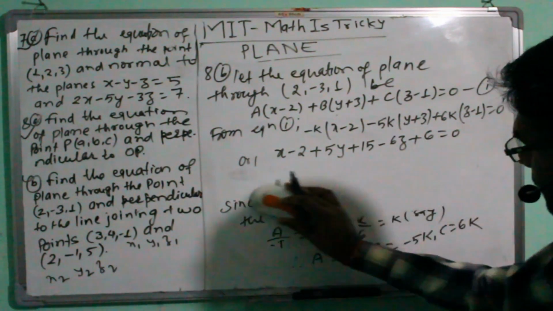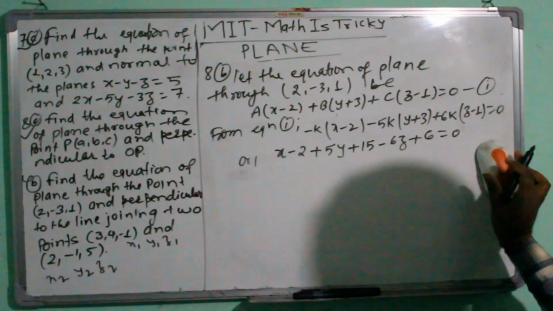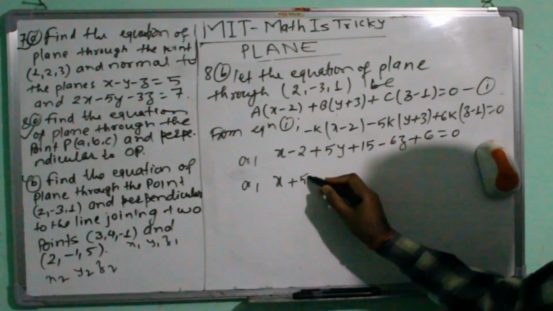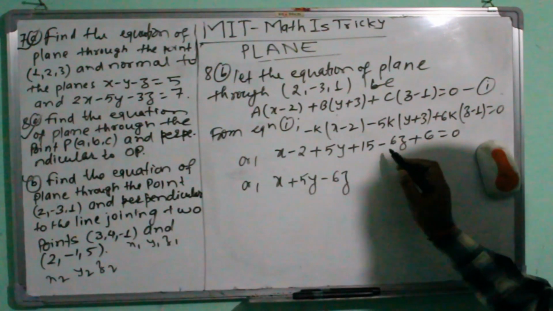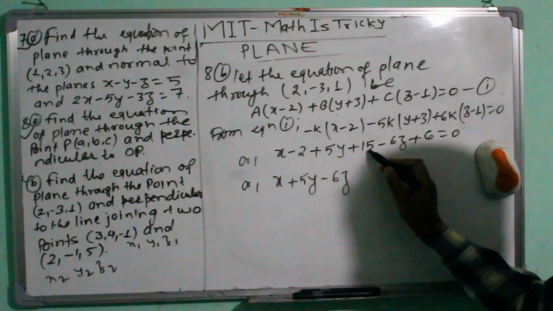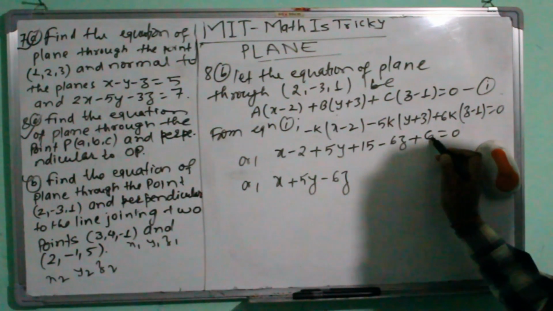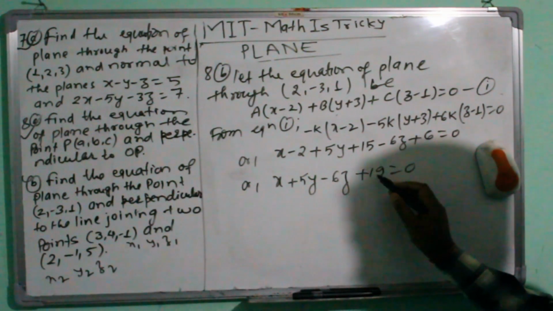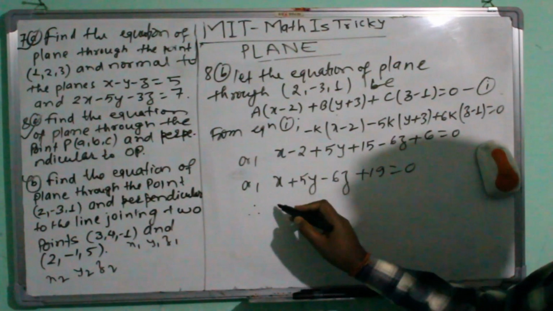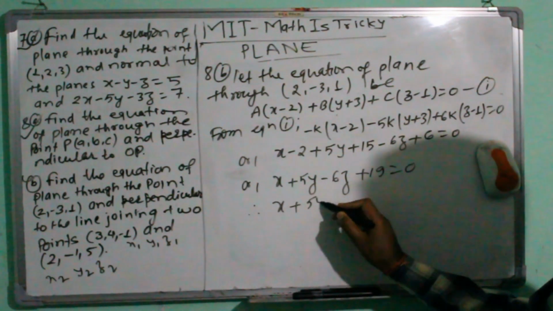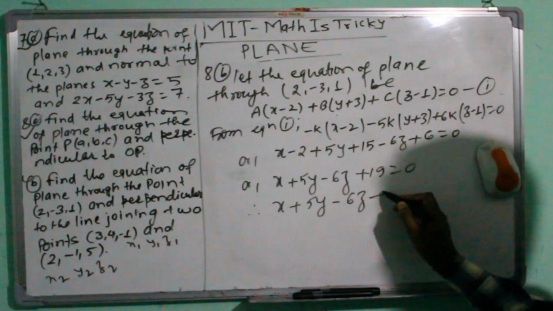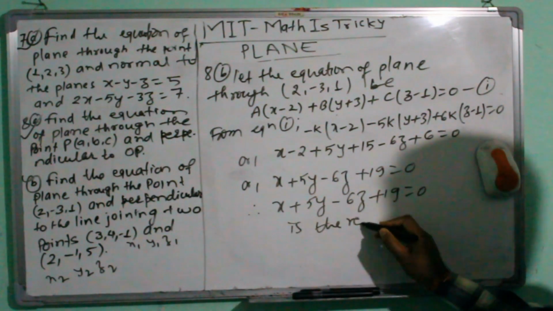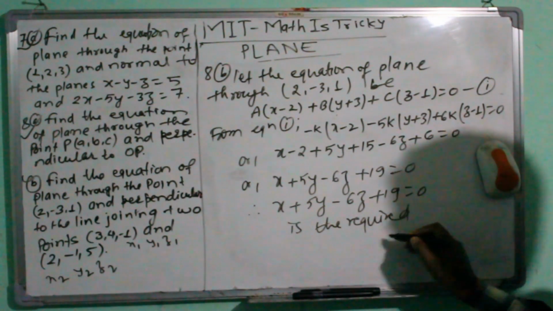That is x plus 5y minus 6z, 20, 15, and plus 4, 19 equals 0. Therefore we can write here x plus 5y minus 6z plus 19 equals 0 is the required equation.